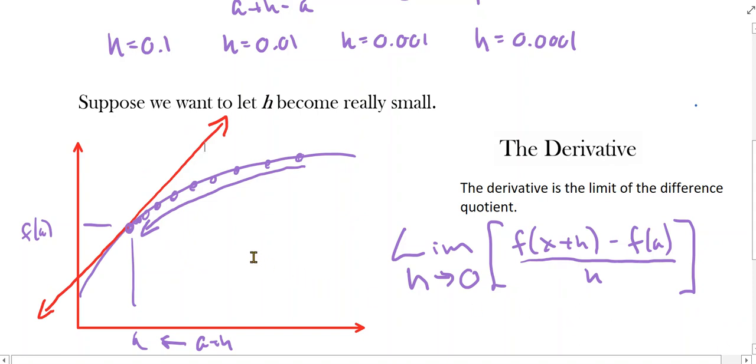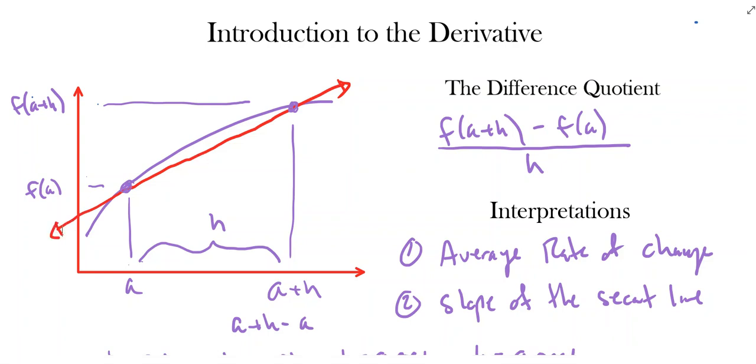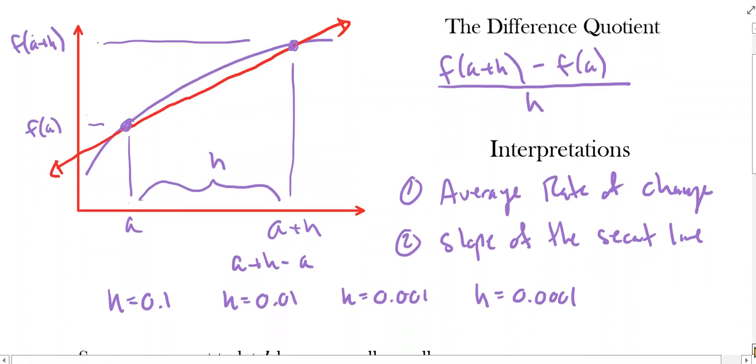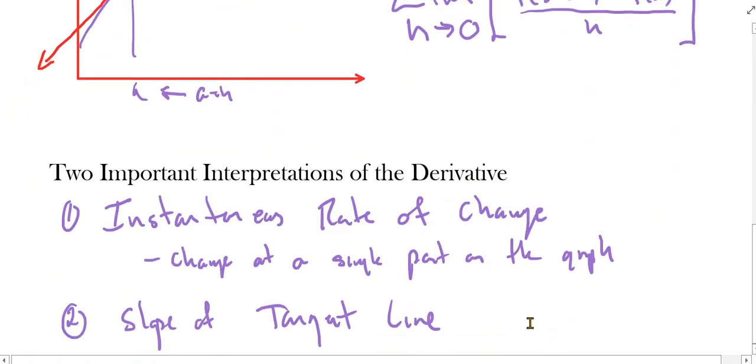Now remember, technically it's 2 points, but the second point is so infinitely close to the first point that we're treating it like it's a single point. So rather than having a secant line between 2 points on the graph, we have a tangent line at a single point. And so the derivative gives us the slope of that tangent line.